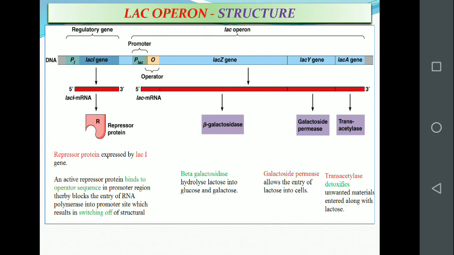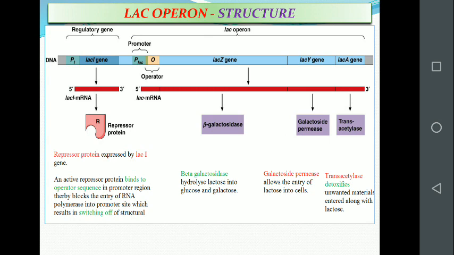This binding brings conformational changes in the repressor structure, and that changed repressor structure is unable to bind the operator sequence.